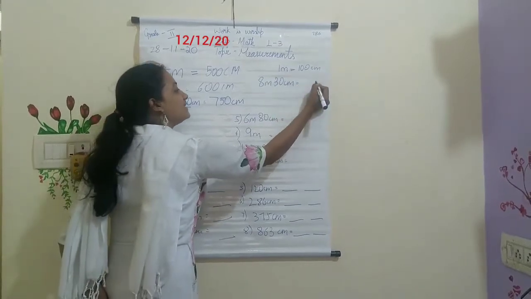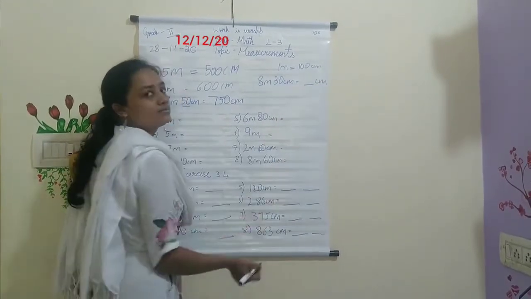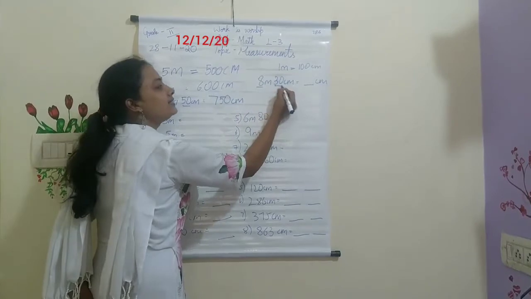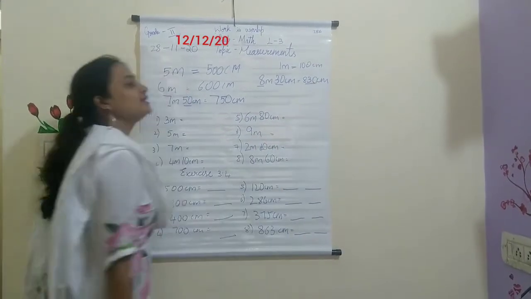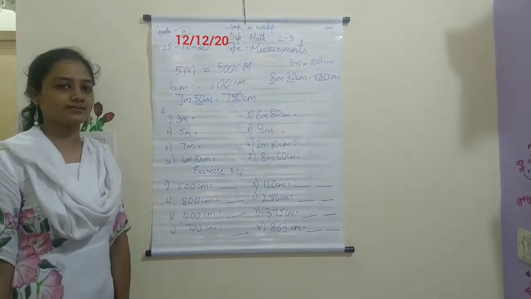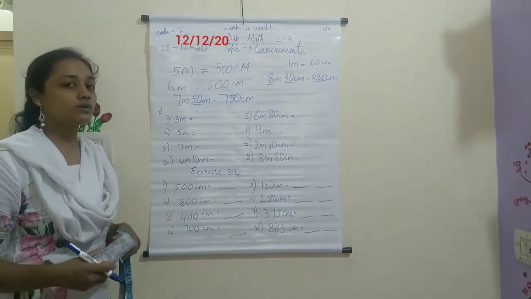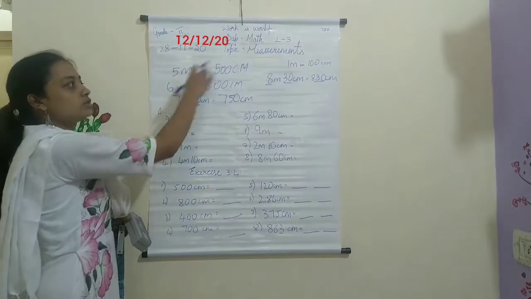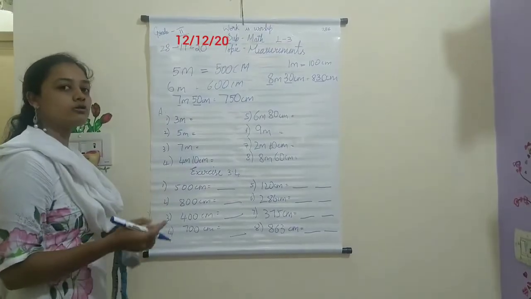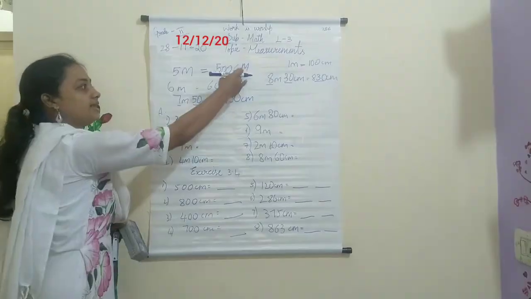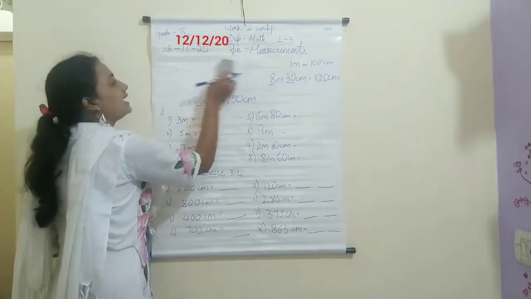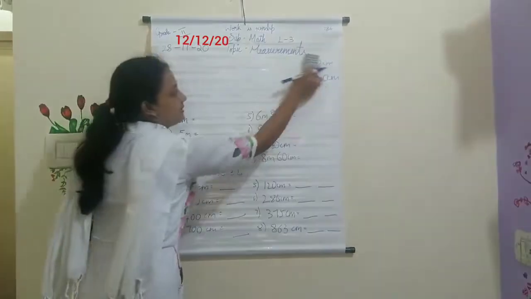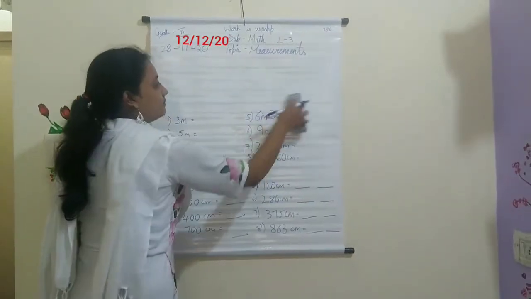How will I write that in centimeters now? 830 centimeters. So you have understood how to write from meters to centimeters and also how to write from centimeters to meters. Now let us go for the textbook exercises and practice them.